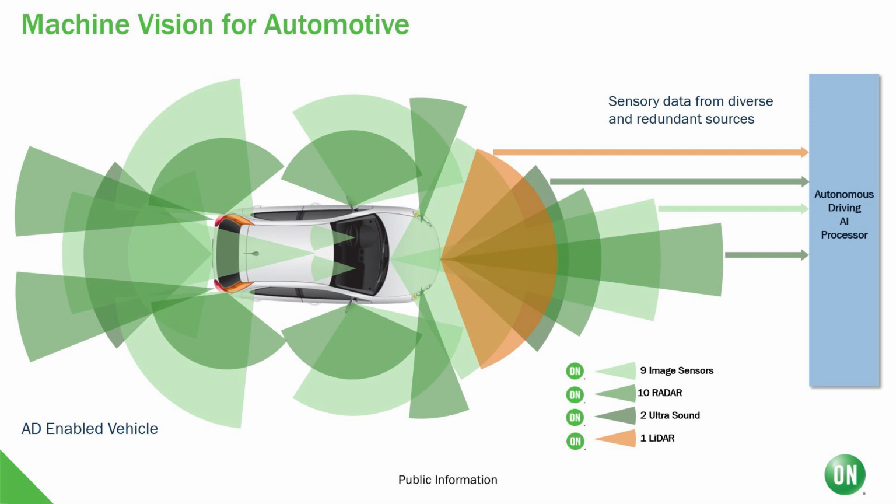It can be over 10 or 15 image sensors, radar sensors, LiDAR, and even ultrasound. All these sensors have different applications, different capabilities, and they're used together, these different types of modalities, to then operate and offer an ADAS, an AD, or a driver monitor function.